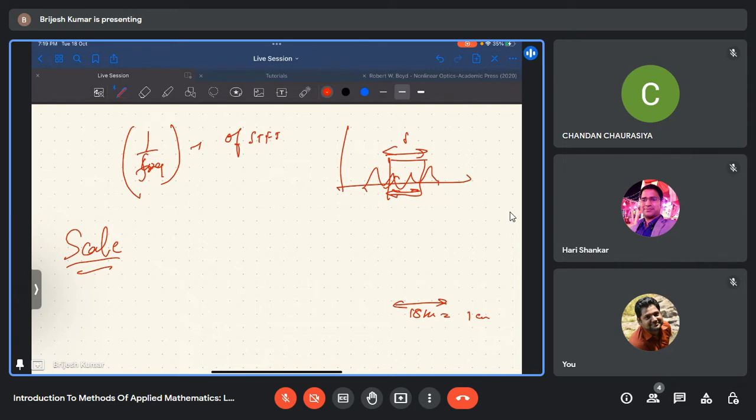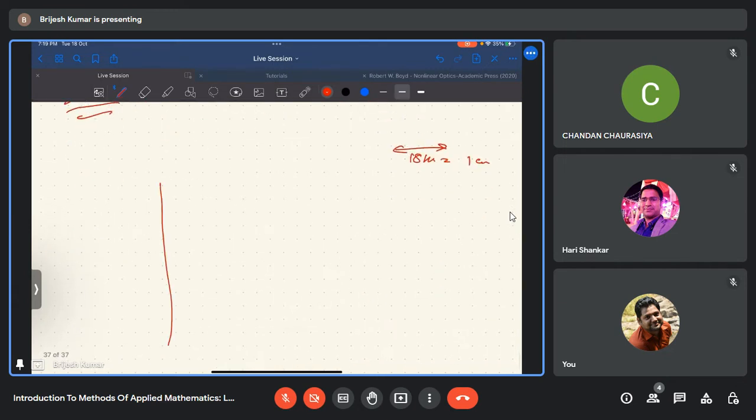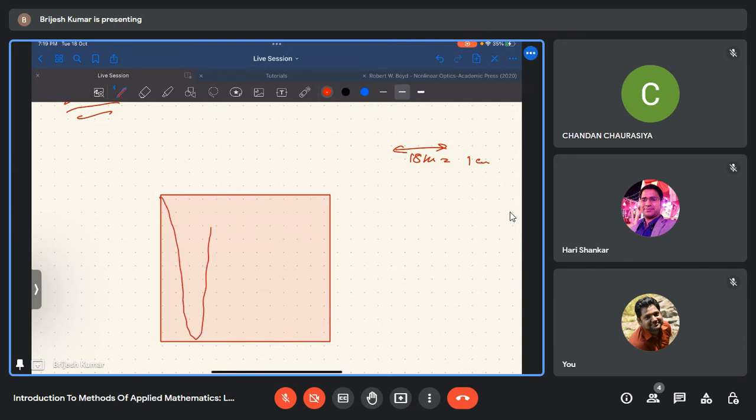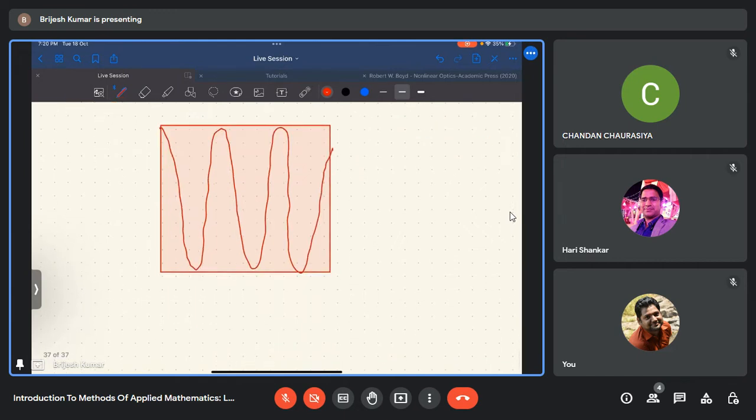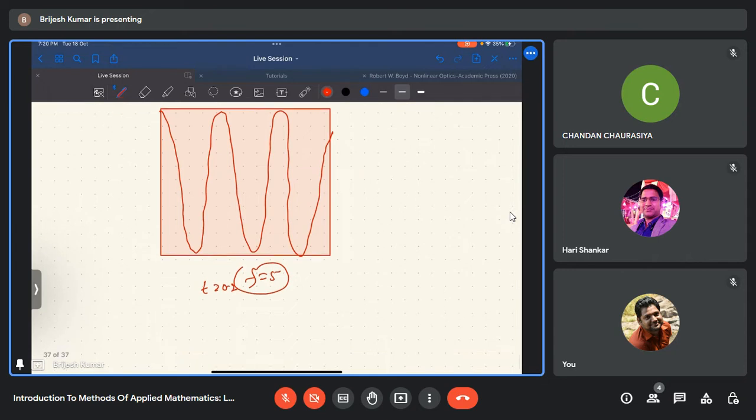Consider cosine signals corresponding to various scales. For one signal, f equal to 5 and s equal to 0.2.